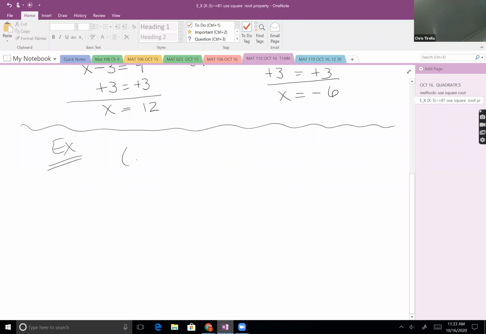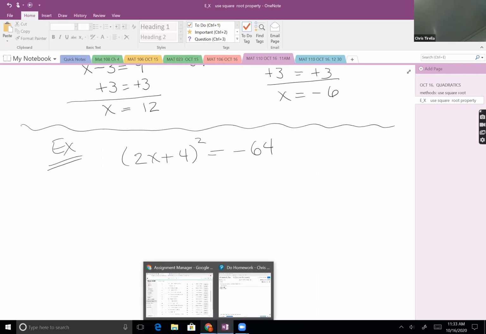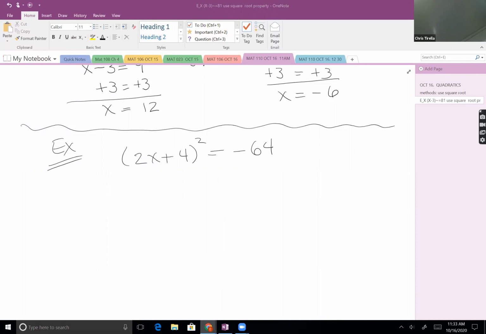This time, let's take 2x plus 4, quantity squared, equals negative 64. Again, if you want to, you could FOIL the left-hand side out, bring everything over to one side, and try to factor.